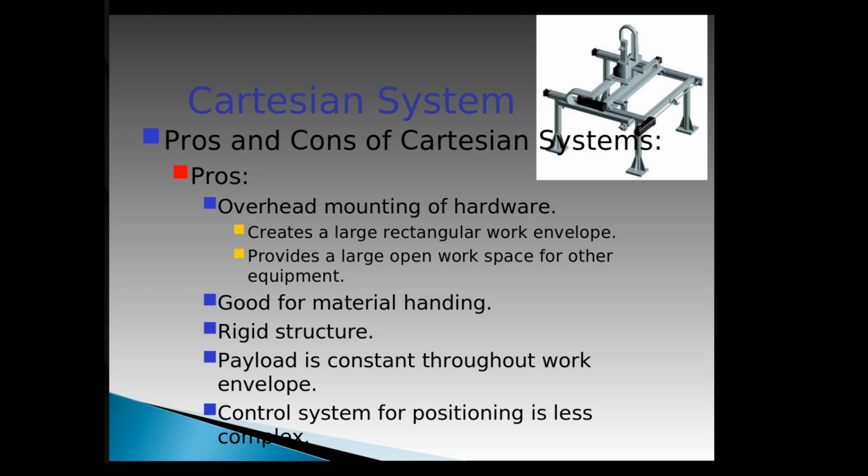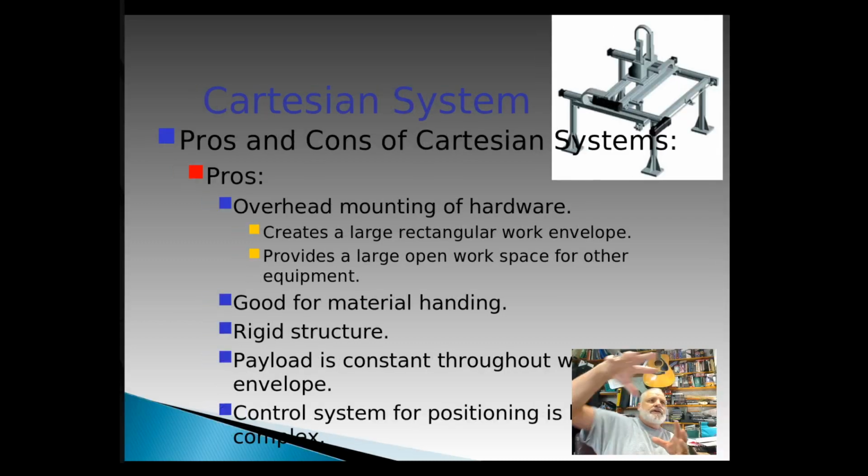What I mean by that is that all robots have a max payload, but the difference is that if you're near that max payload with an articulated type robot and you're stretching way out, think of yourself trying to stretch out and reach.